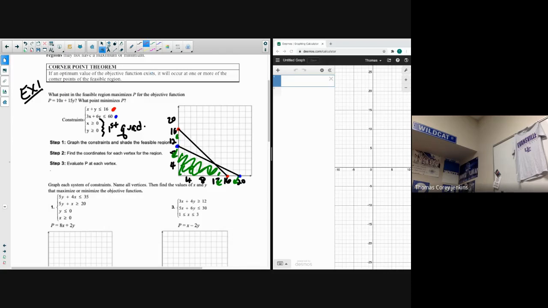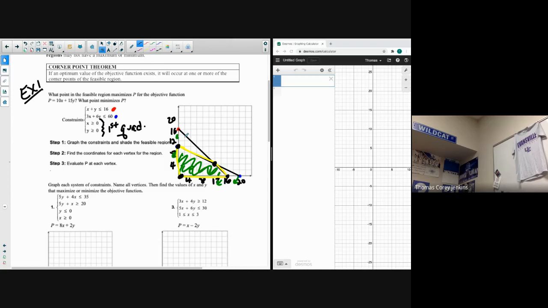So if the shape of the feasible region is this, where are the vertices would be the question. Anytime you have a corner, that's why it's called the corner point theorem. There's a little turn there, there, and there. All right, so it looks like we have 1, 2, 3, 4 vertices.